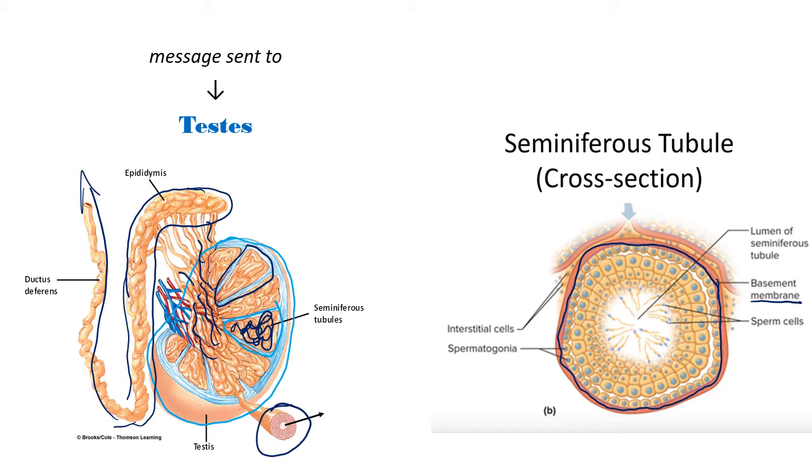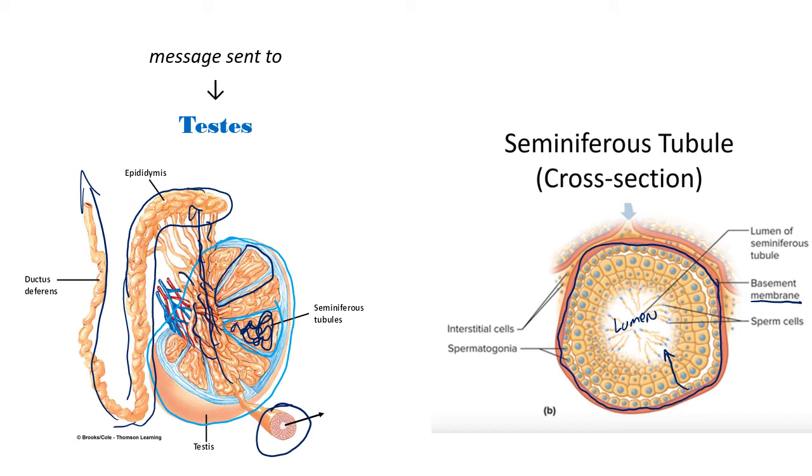On the inside, we have a number of developing sperm cells, making their way from the basement membrane towards the lumen. And then from that lumen they're going to travel all the way over to the epididymis.